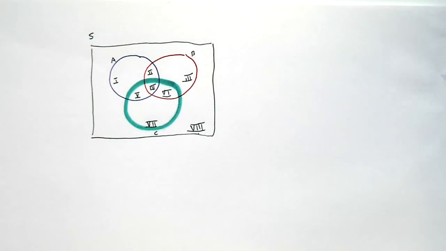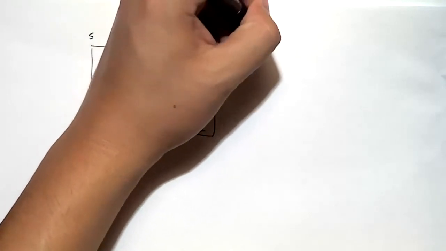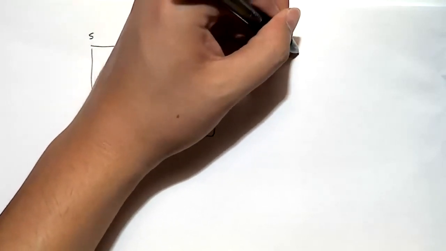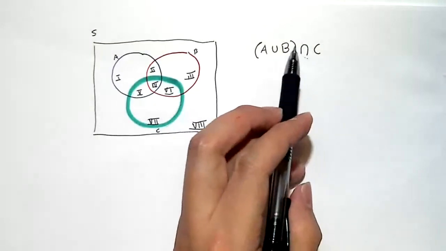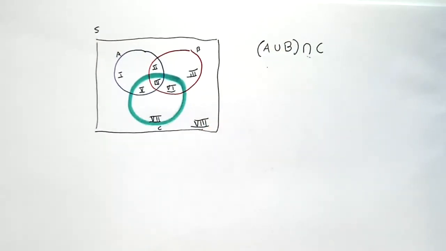Now I would like for you to find the intersection of the union of A and B with C. Let me write that again, but in written form. The intersection of the union of A and B with C. What regions would be included in the intersection of the union of A and B with C?